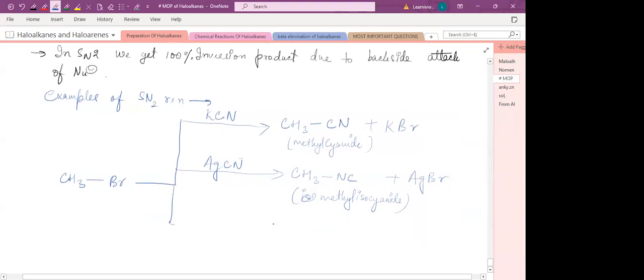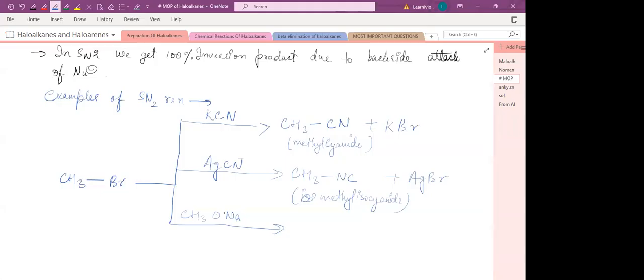If I give you CH3ONa, now just tell me the answer. CH3ONa. This is the reagent here. Basically, nucleophile. Now just tell me what is the nucleophile in this?